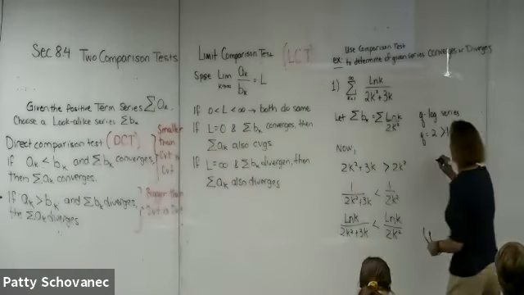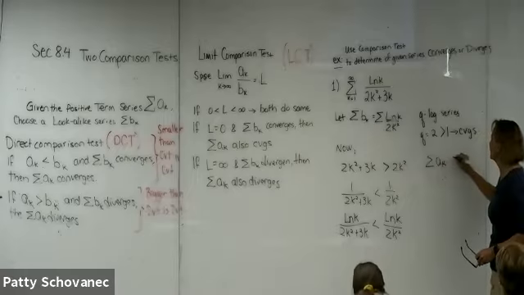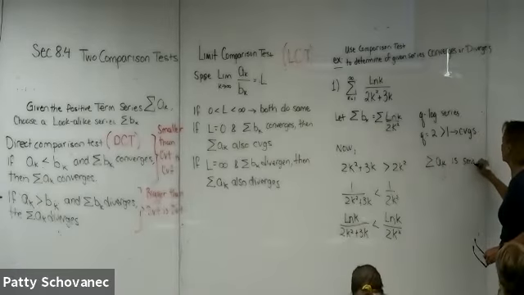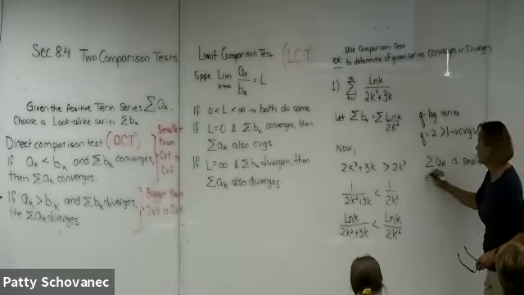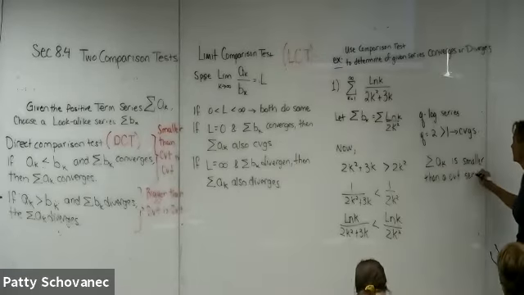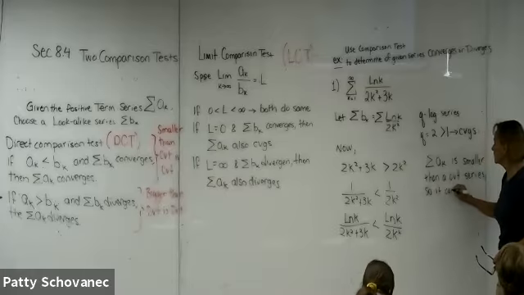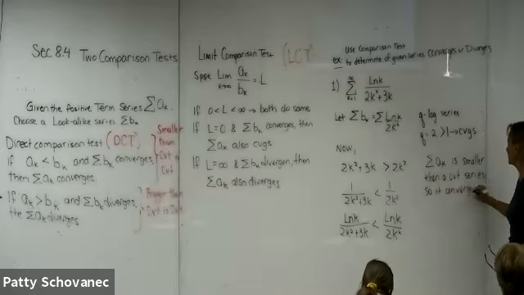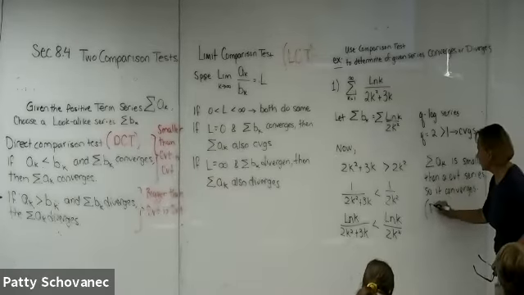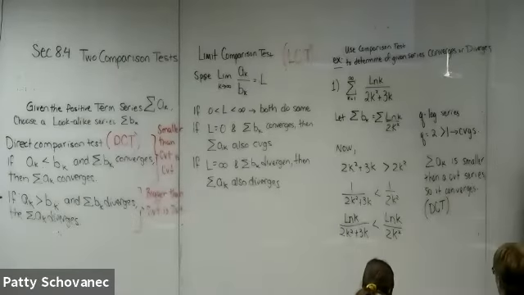Our series is smaller than convergent, so it converges. And this was the direct comparison test. Smaller than convergent is convergent.